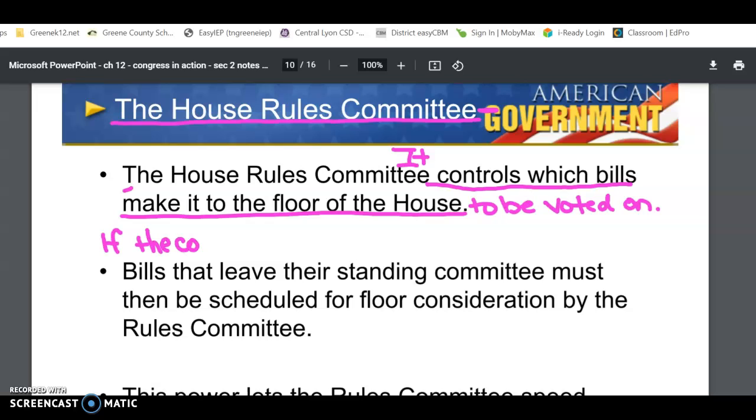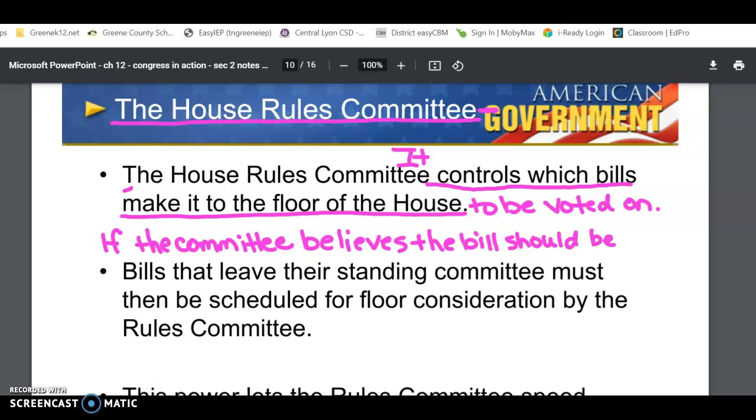If the committee believes the bill should be voted on, comma, and then we're going to pick up here, must be scheduled for floor consideration, which is just voting.